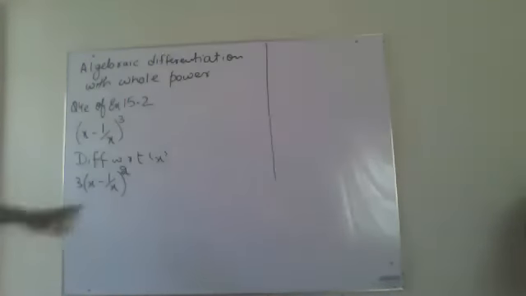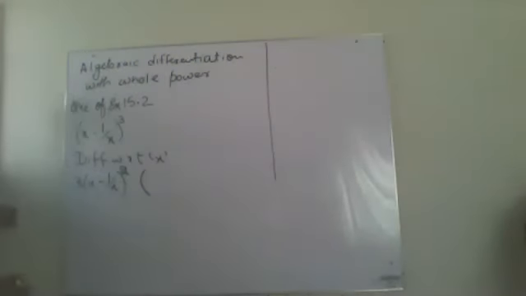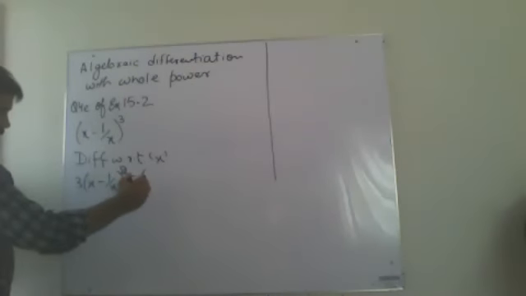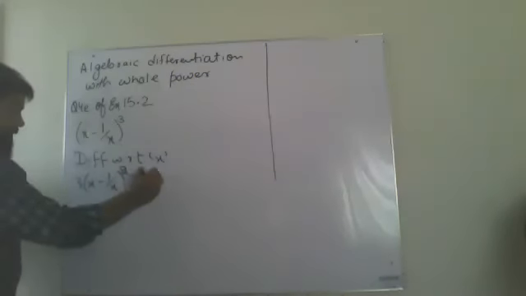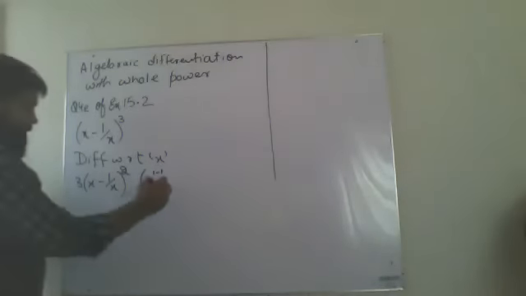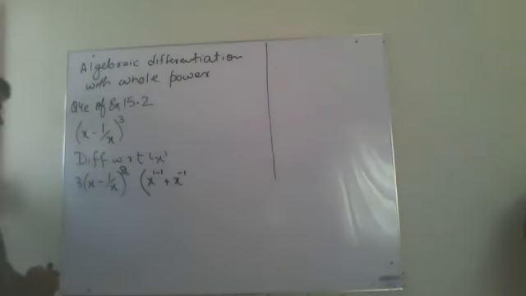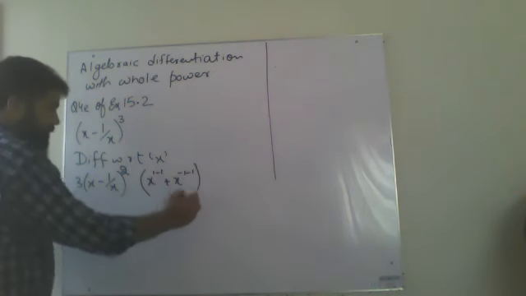How have you differentiated it? Multiplied by bracket open, x to the power 1 minus 1, minus x to the power minus 1, which gives x to the power 1 minus 1 plus x to the power minus 1 minus 1.